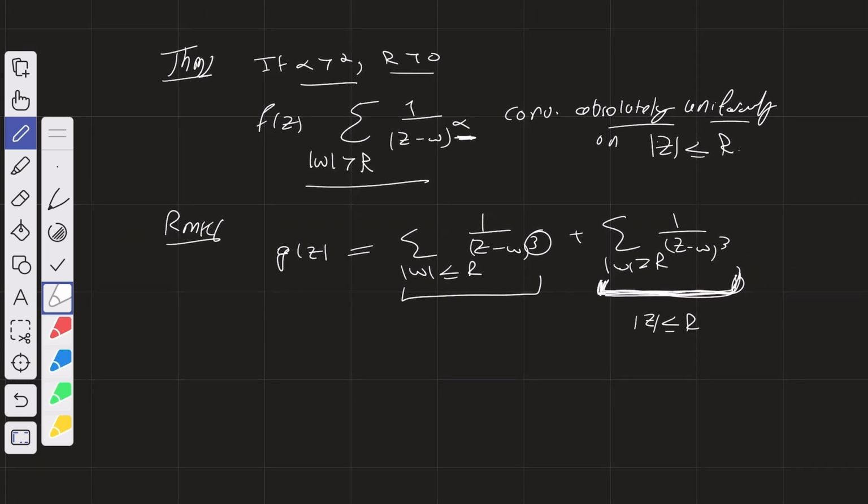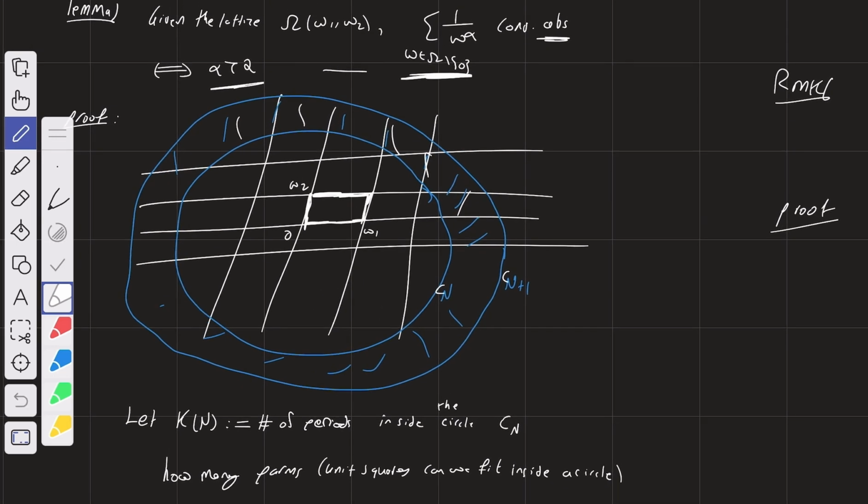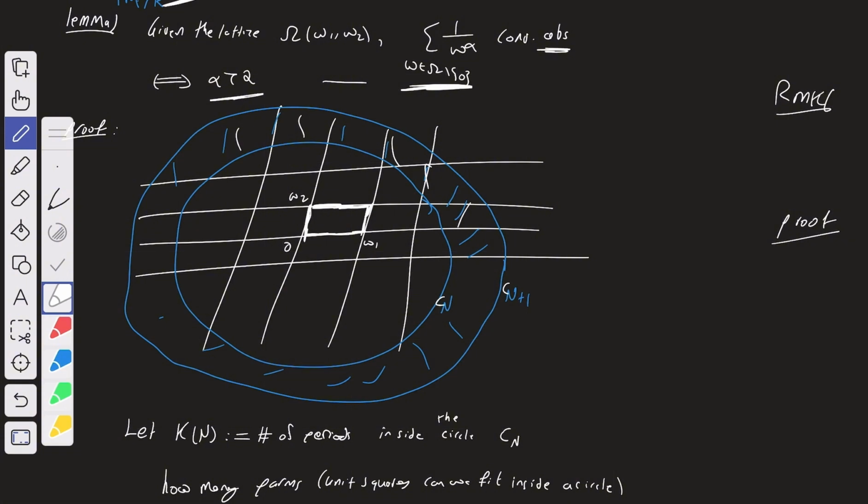So let's prove the theorem real quick. The proof goes as follows. We want to apply the Weierstrass M test. We're going to bound this thing, 1 over |z minus omega| to the alpha, by some M over |omega| to the alpha, because if we could do that, we can use the lemma that we've just proven here.